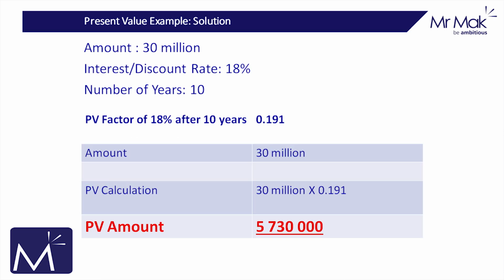Go to your present value tables, look at the interest rate of 18%, where this intersects with the number of years, 10 years, we get a present value factor of 0.191.